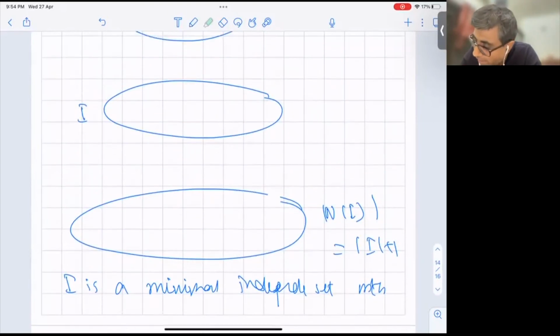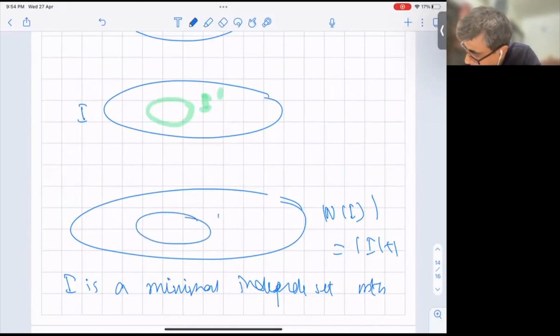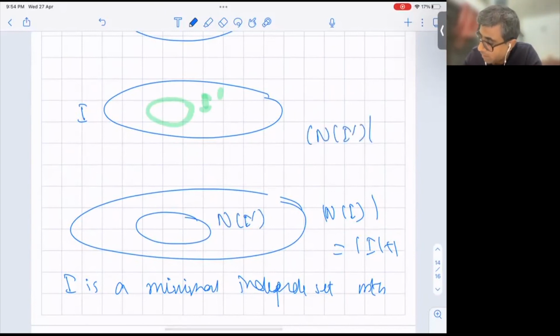If you look at any I prime here and you look at its neighborhood, then the cardinality of N of I prime is at least |I prime| plus 2. Suppose such an independent set exists. Can you come up with some sort of rule for this?